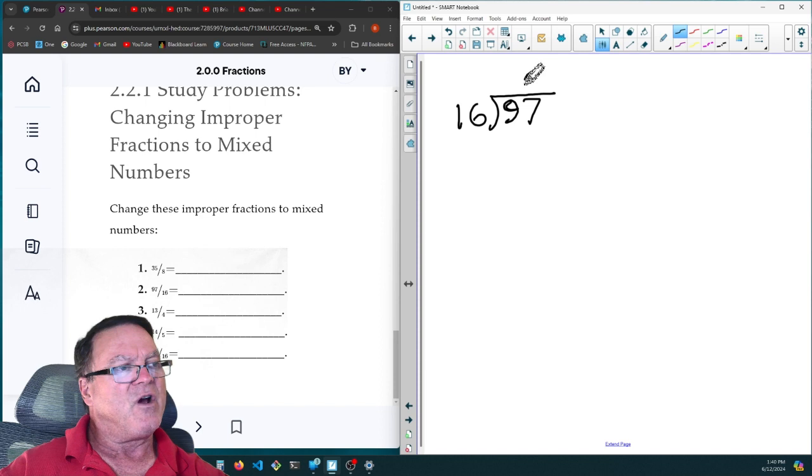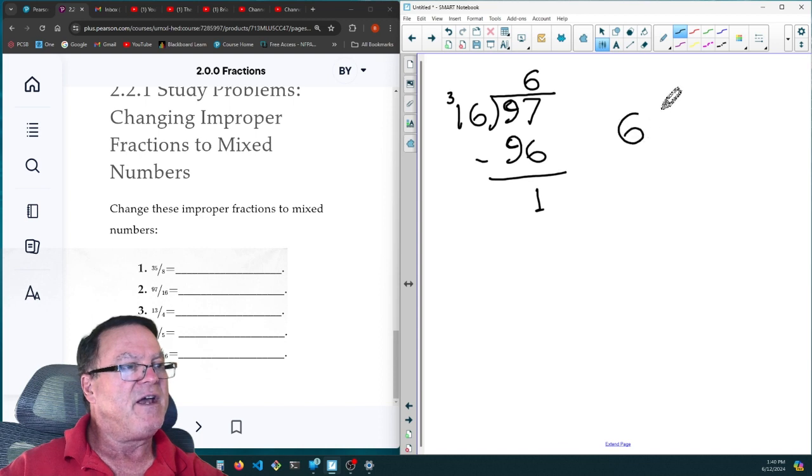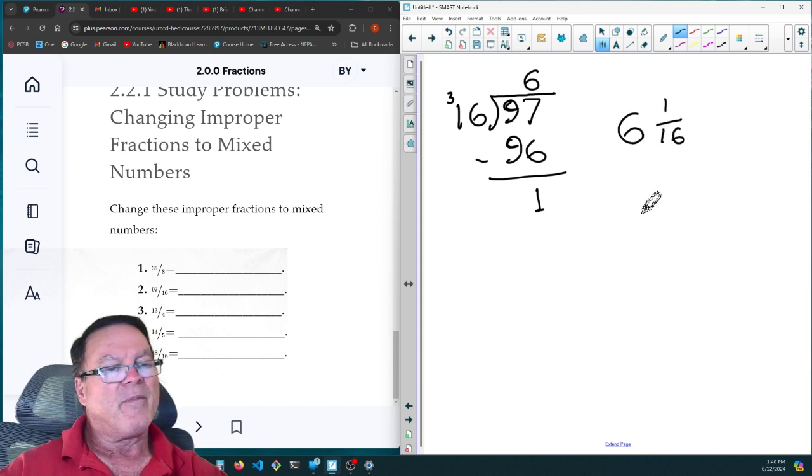I believe it'll go in 6 times. 6 times 6 is 36. 3. 6 times 1 is 6 plus 3 is 9. So 16 will go into 97 6 times. It equals 96. We do our subtraction. We end up with a remainder of 1. So it ends up to be 6 1/16. That's our answer. 6 1/16.